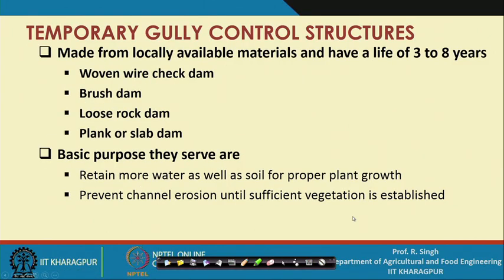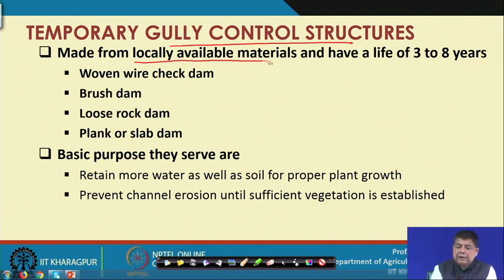Then we have temporary gully control structures. The temporary gully control structures are made from locally available materials and have a life of 3 to 8 years. This is also an important thing.